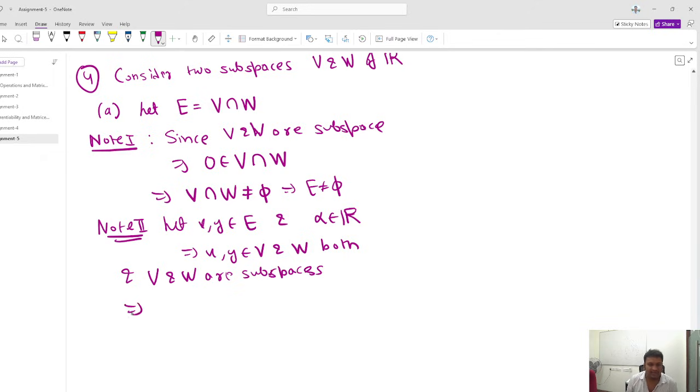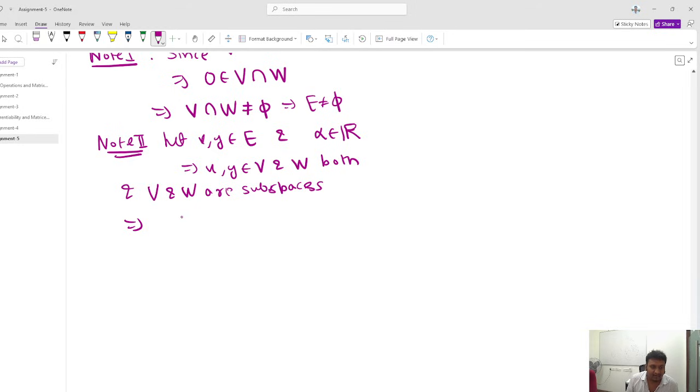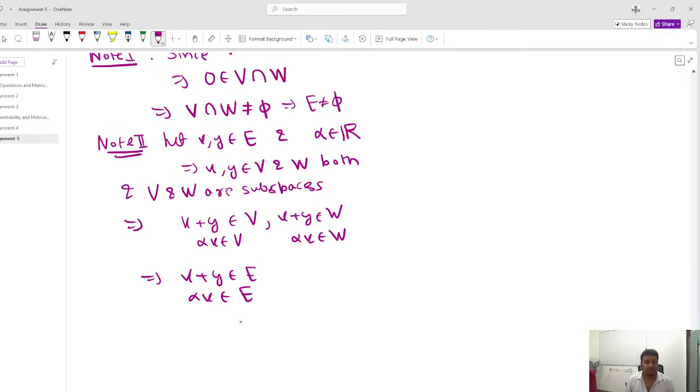So what does this imply, guys? This implies that x plus y belongs to V, x plus y belongs to W, alpha x belongs to V, alpha x belongs to W. Meaning both of the things are in the intersection also. That is what your E is. So by that result, you are done.